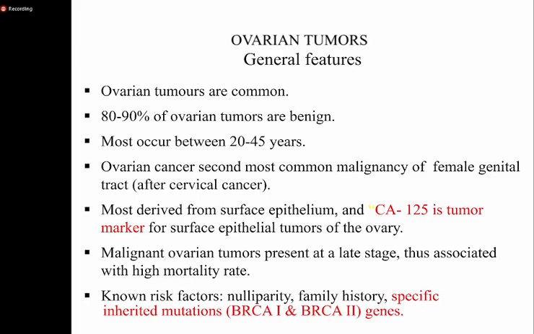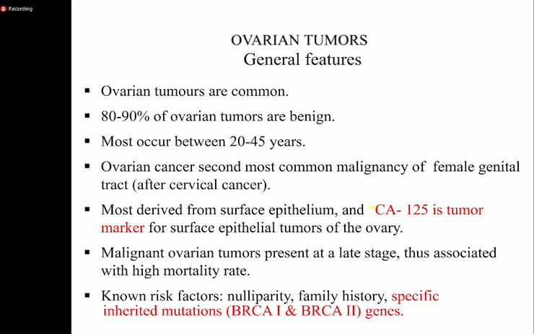Having said that, ovarian cancer is the second most common malignancy of the female genital tract after cervical cancer. Cervical cancer is about 7 times more common than ovarian cancer. And the majority of these tumors are derived from the surface epithelium, the coelomic epithelium that we saw initially in the first diagram of the ovary. And CA125 is a tumor marker for surface epithelial tumors, so remember that.